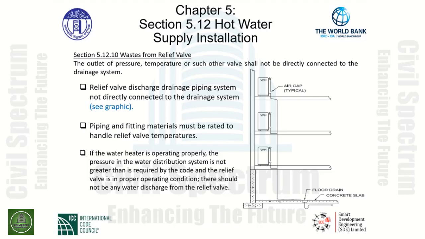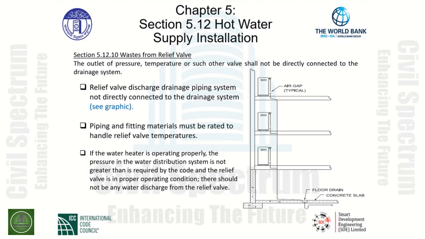If we follow along on the very top level of the building, we have a storage type water heater with a temperature and pressure relief valve, and the discharge pipe indirectly drains by means of an air gap into a drain. The drain then goes through the floor and picks up the water heater T and P drain from the second floor.